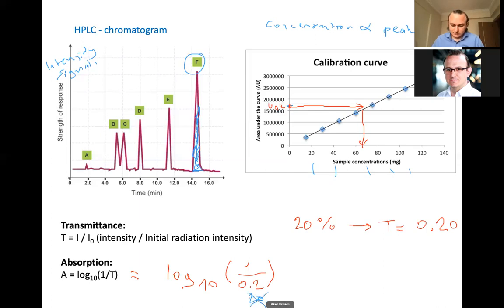If it's 20%, you should be writing that the transmittance is equal to 0.2. Similar for absorption, if someone says the absorbance is 30%, it means it's 0.3 or 0.30. Again, in the equations you should be using the value in this form.